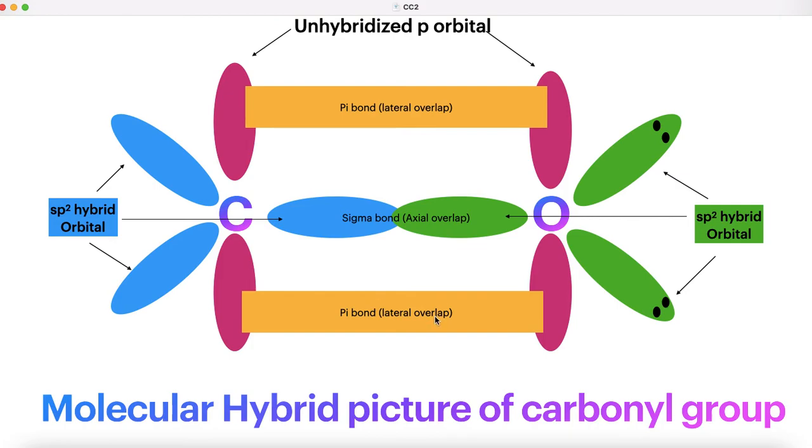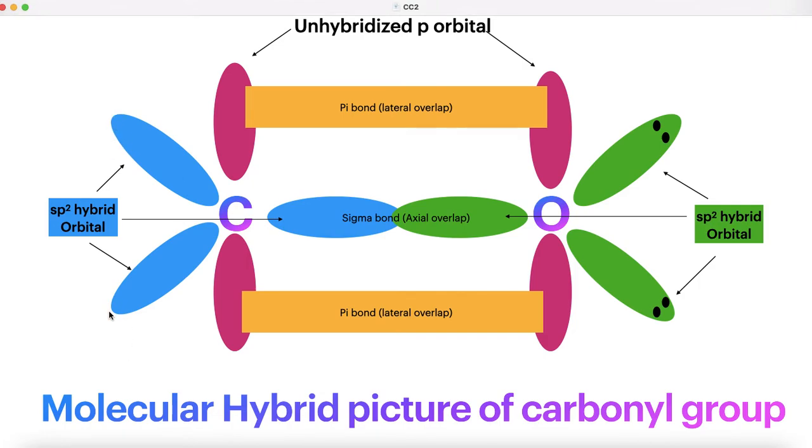In oxygen, the remaining two sp2 hybrid orbitals contain the lone pairs of electrons. While in case of carbon, the remaining two sp2 hybrid orbitals make sigma bonds. In case of formaldehyde, it makes sigma bonds with two hydrogen atoms.